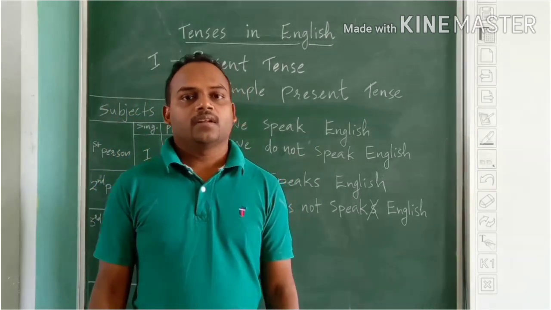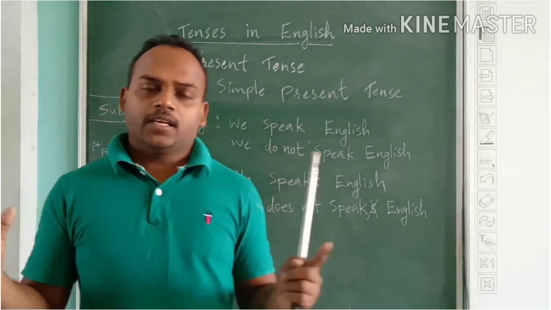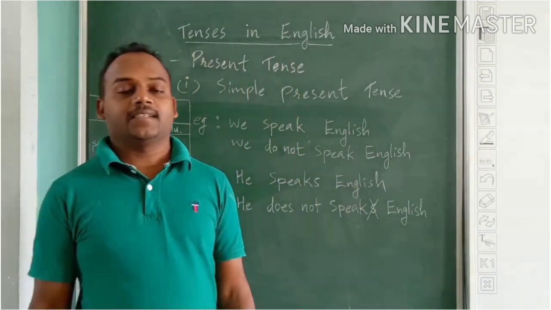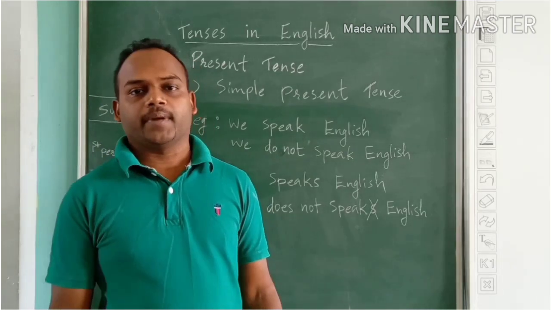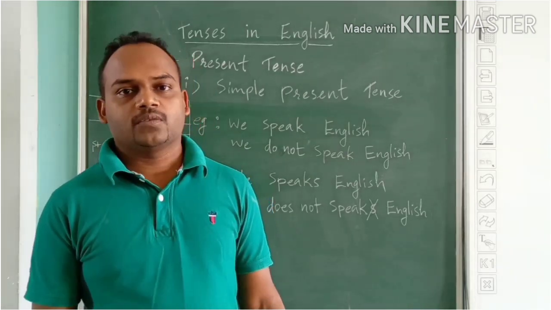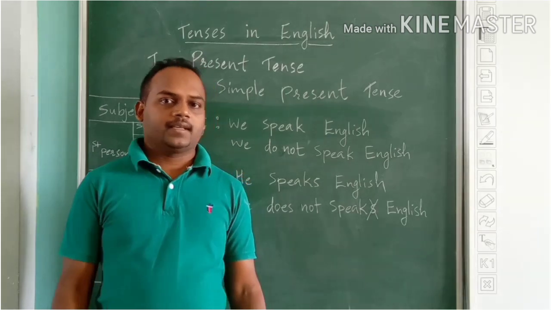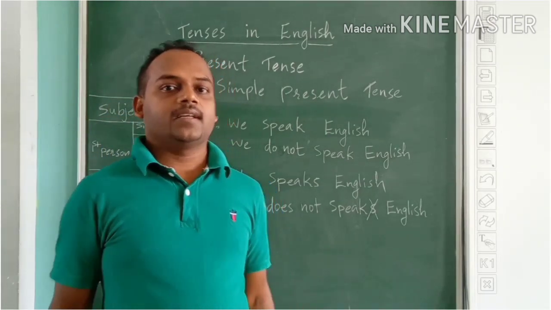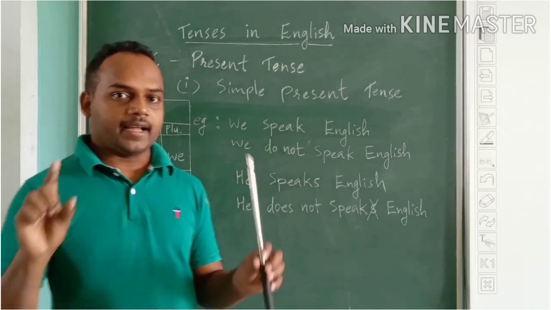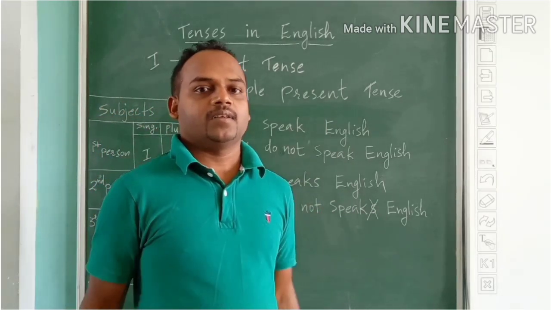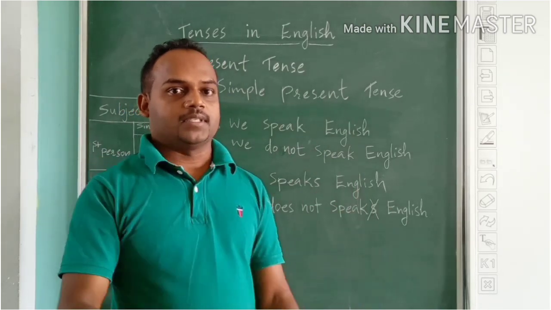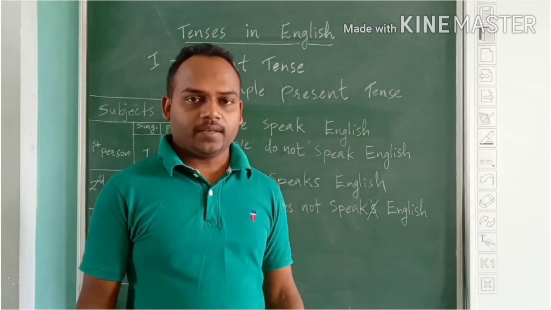Okay? And in the English language, more than 90% of sentences are constructed in the pattern of SVO. S stands for the subject. Subject means the person who does the action in a sentence, or the person we are talking about in a sentence.